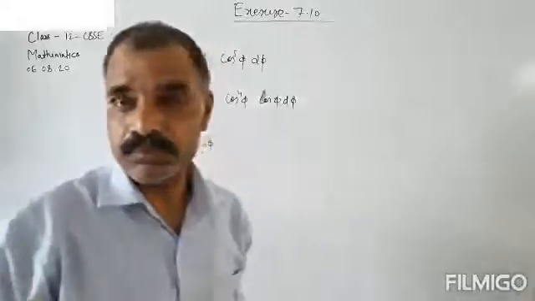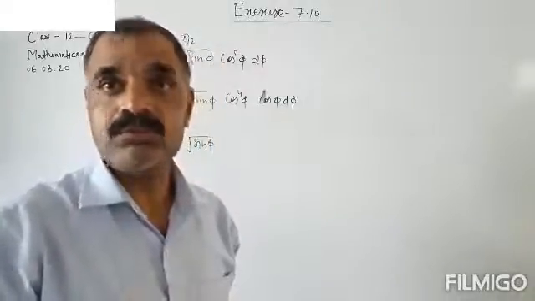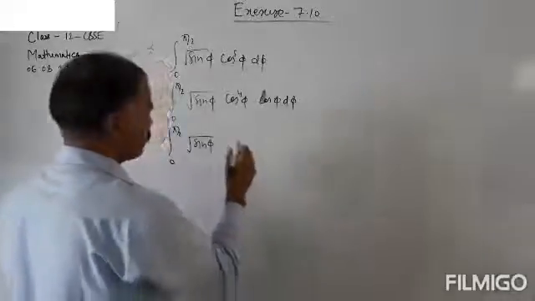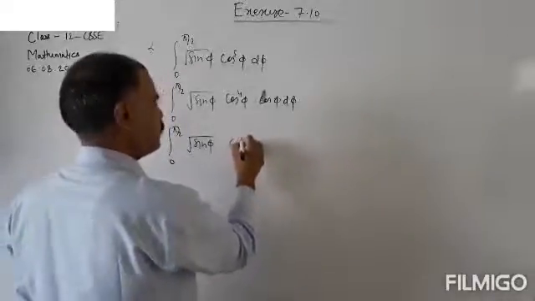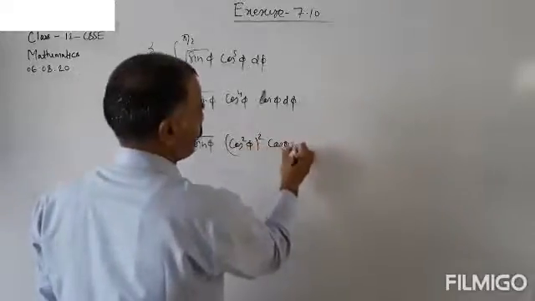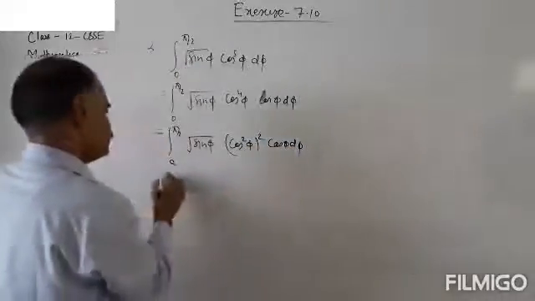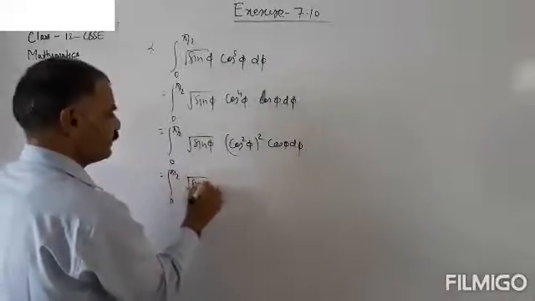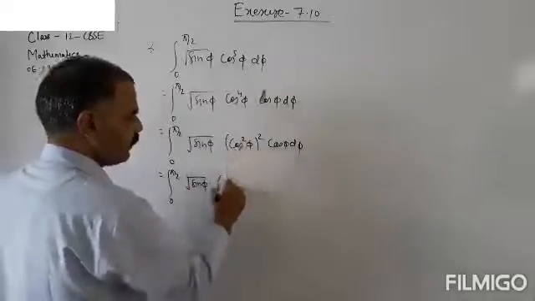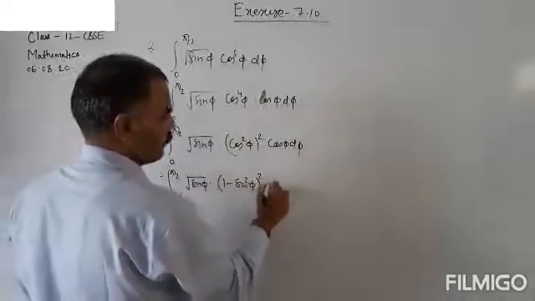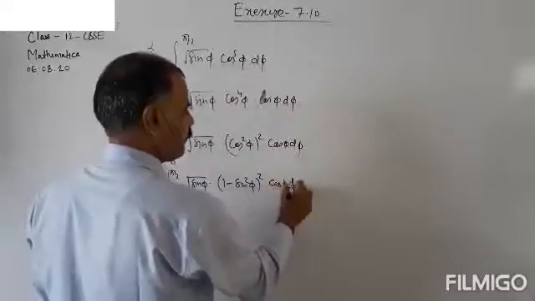Cos to the power 4 phi is cos square phi to the power 2, the square of cos square. So this equals the integral from 0 to pi by 2 of root sin phi, (1 minus sin square phi) to the power 2, and cos phi d phi.